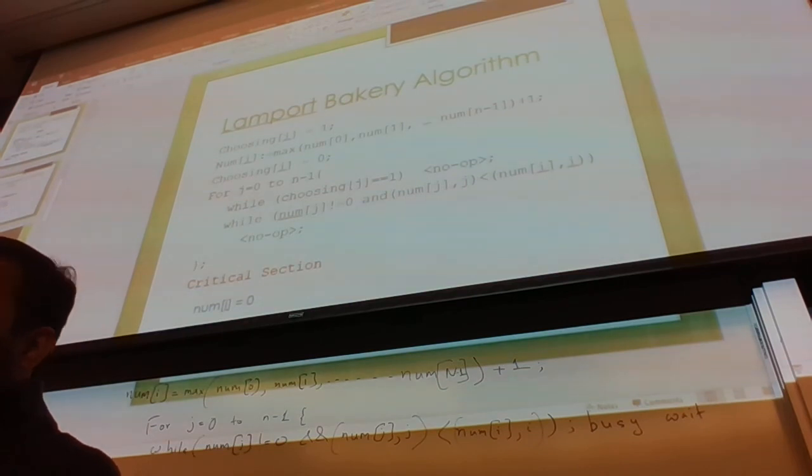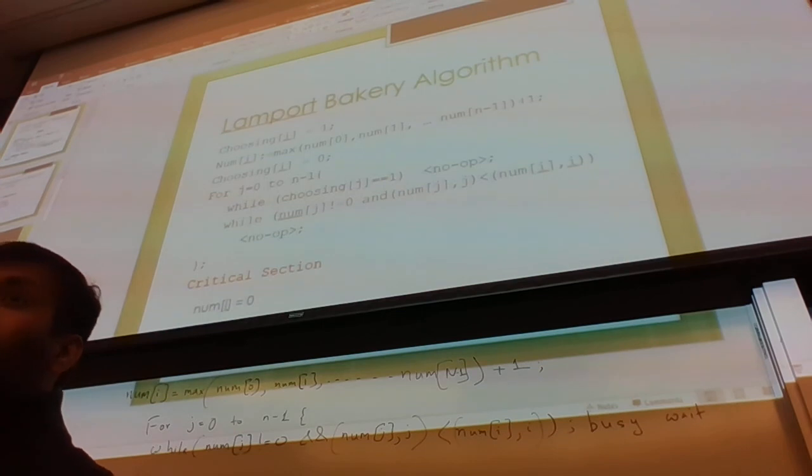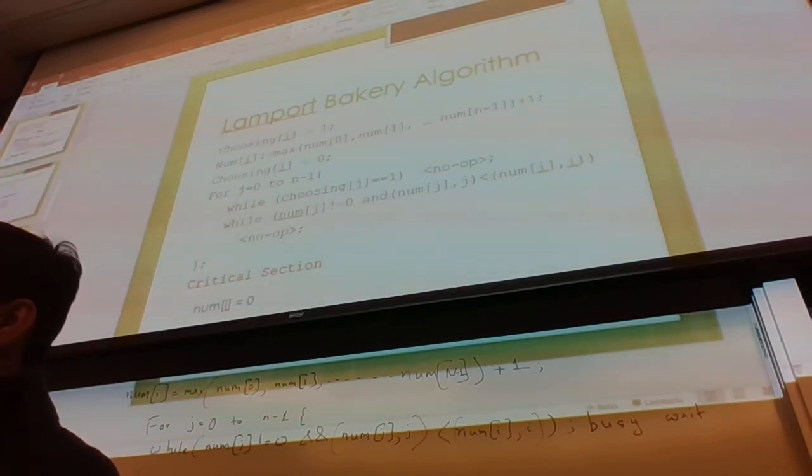Process 2 computed the max, but it didn't store. Since it didn't store, process 5 didn't know whether process 2 chose a number or not. So process 5 went on and went inside the critical section. Now after the fact, process 2 chooses a num, chooses a token.